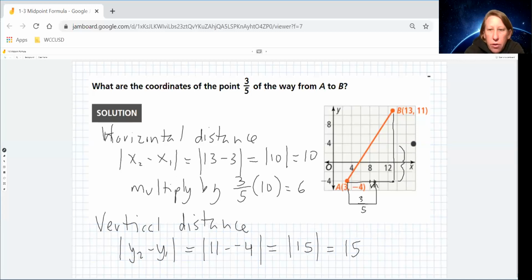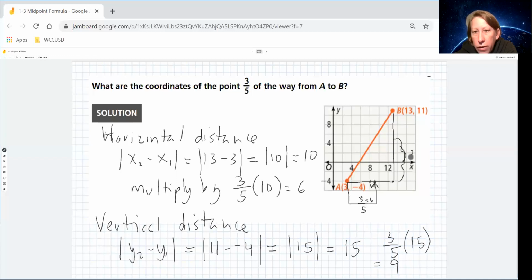So I'm going to take 3/5 times 15, and that's going to be 9. So it's more than halfway, right? If it was halfway, it would be 7.5, but I have to go up 9. On this side, 3/5 of the distance equals 6. And on this side, 3/5 of 15 equals 9. 1, 2, 3, 4, 5, 6, 7, 8, 9 is all the way up to there.